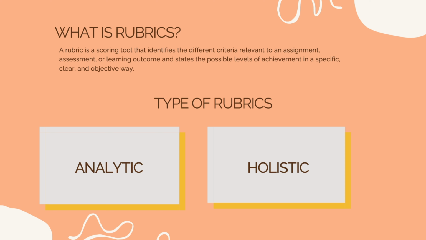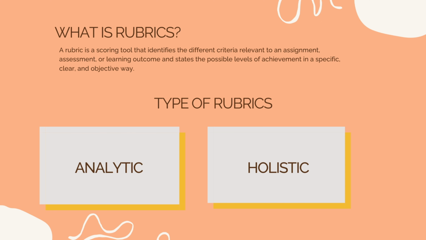Rubrics are helpful for instructors because they can help them communicate expectations to the students and assess students' work fairly and efficiently. Finally, rubrics can provide students with informative feedback on their strengths and weaknesses so that they can reflect on their performance and work on areas that need improvement.